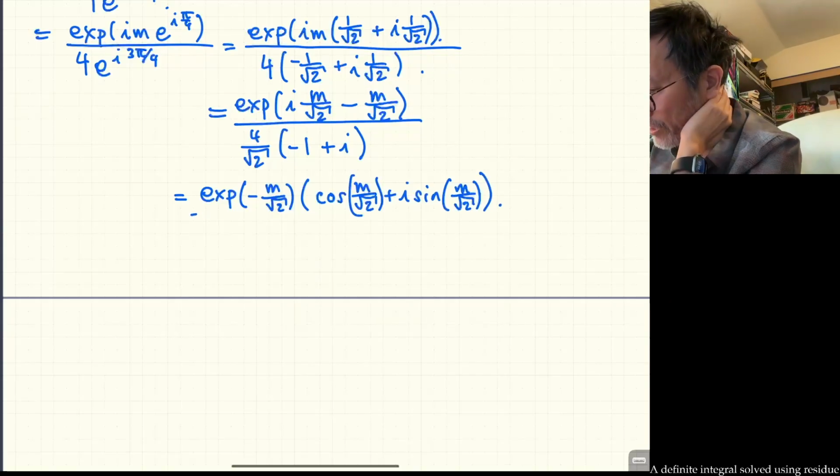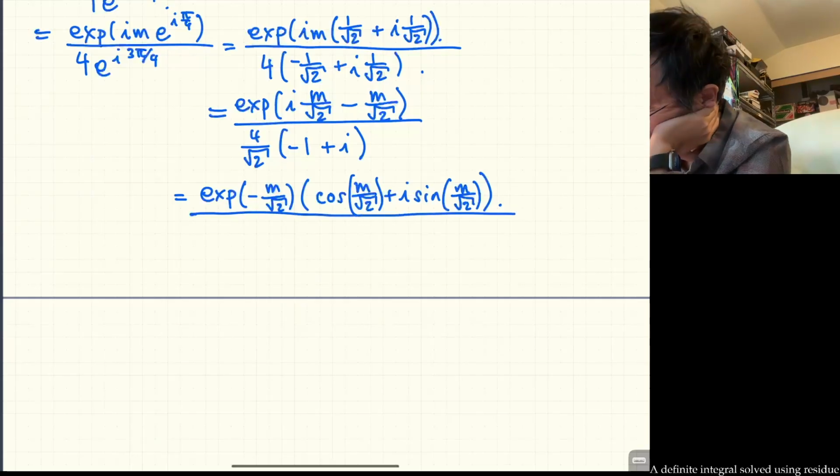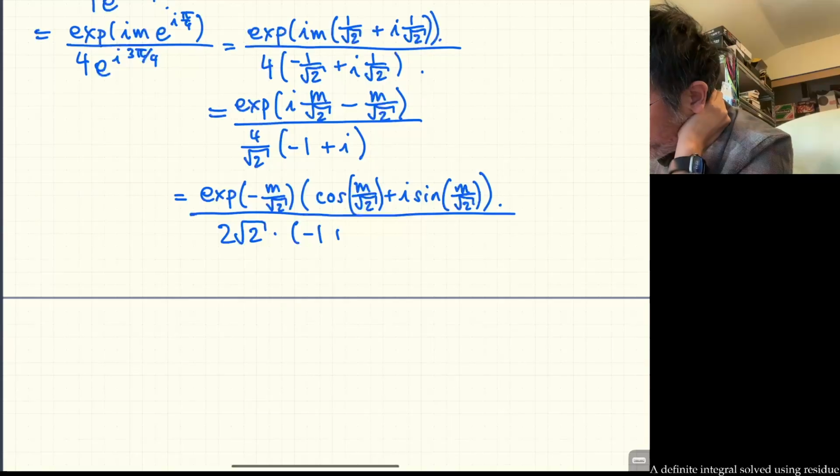So that's the numerator. The denominator I should be able to take care of. So 4 over root 2 kind of simplifies: 2 root 2 times negative 1 plus i.